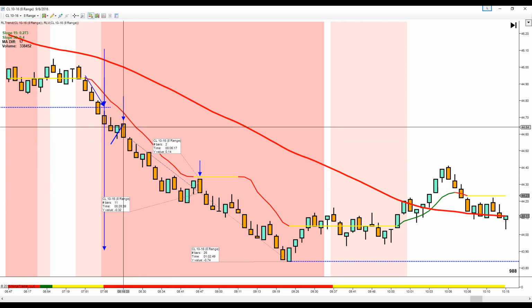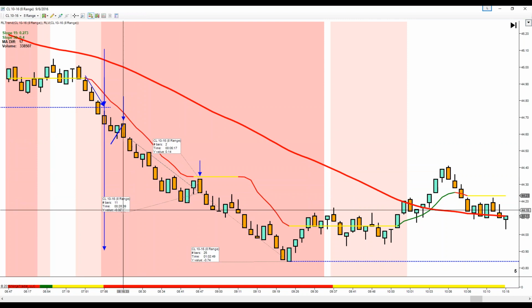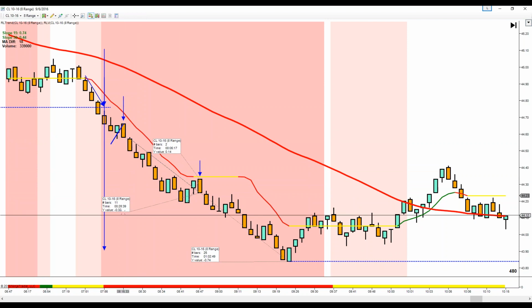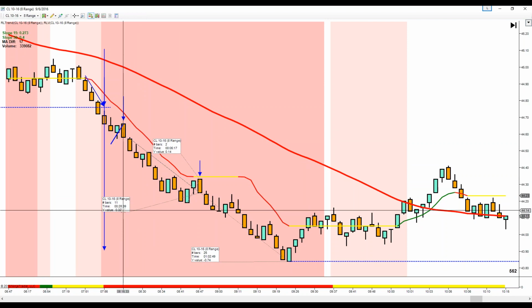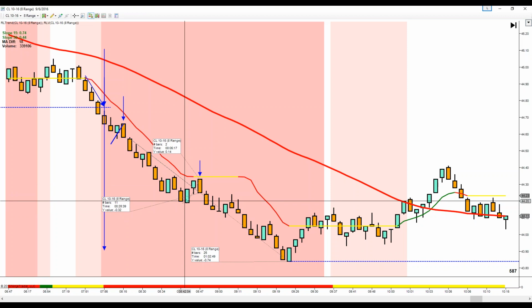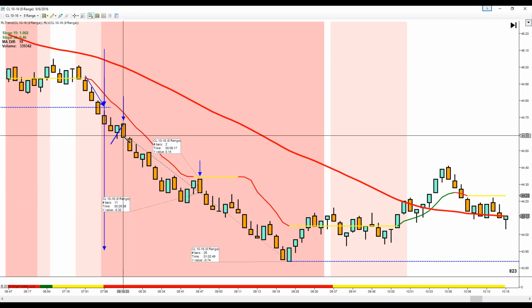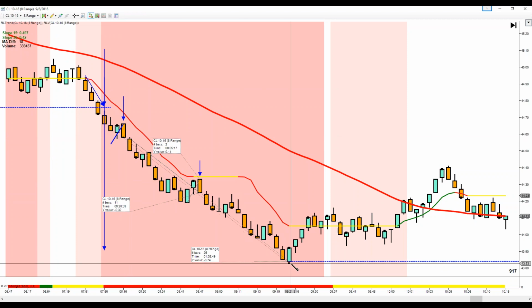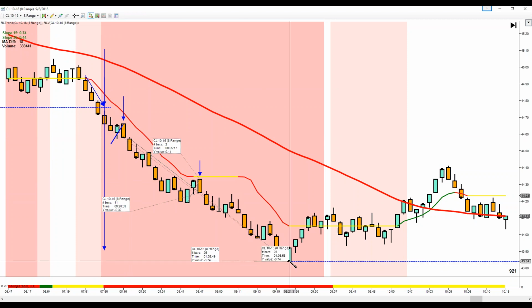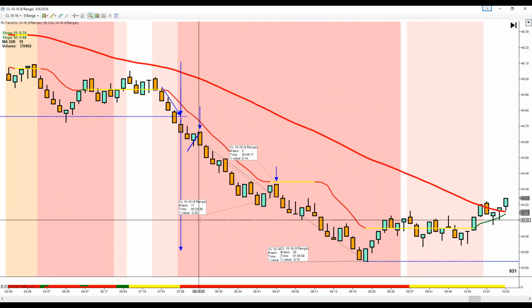Now again, this could be 32 cents. It doesn't matter. This could be on a higher time frame. It could be a much bigger move, and you could capture the entire move on a higher time frame. It all depends on what you want to trade and the average true range of the instrument.